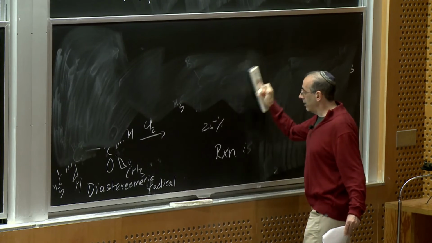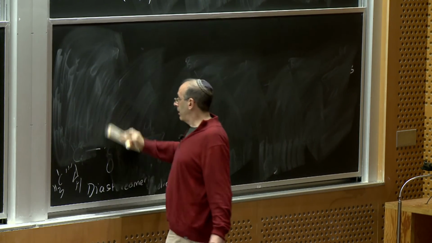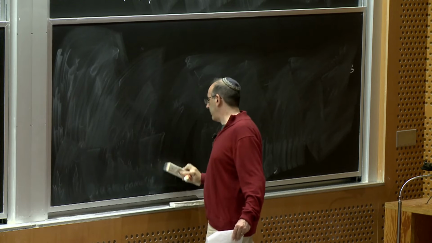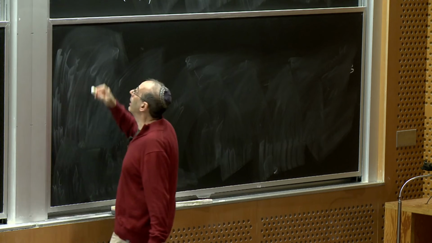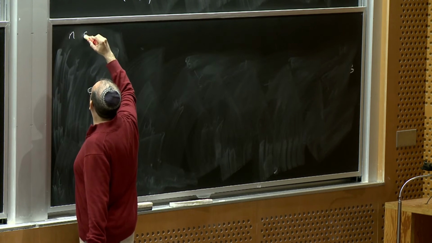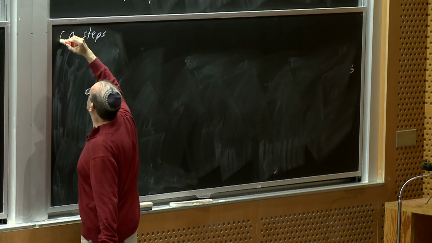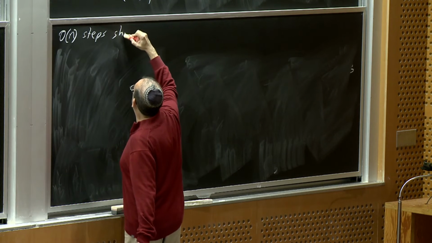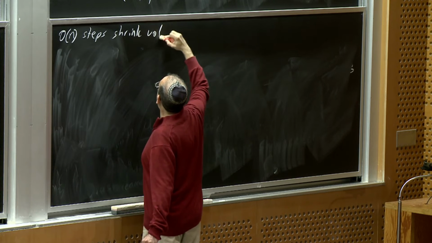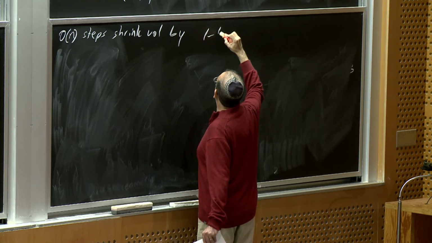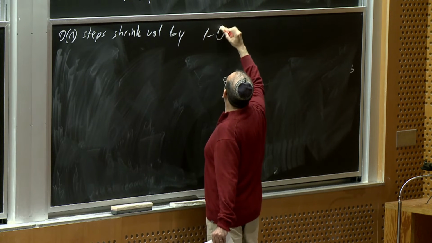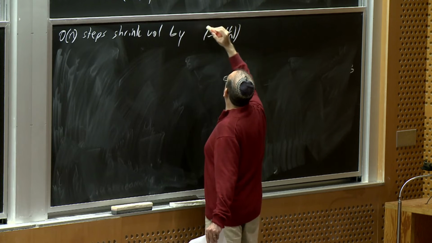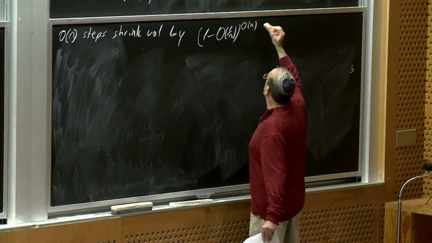So that's the whole story of the single step, of the improvement step. Notice that order n steps shrink the volume by 1 minus order 1 over n to the order n power.